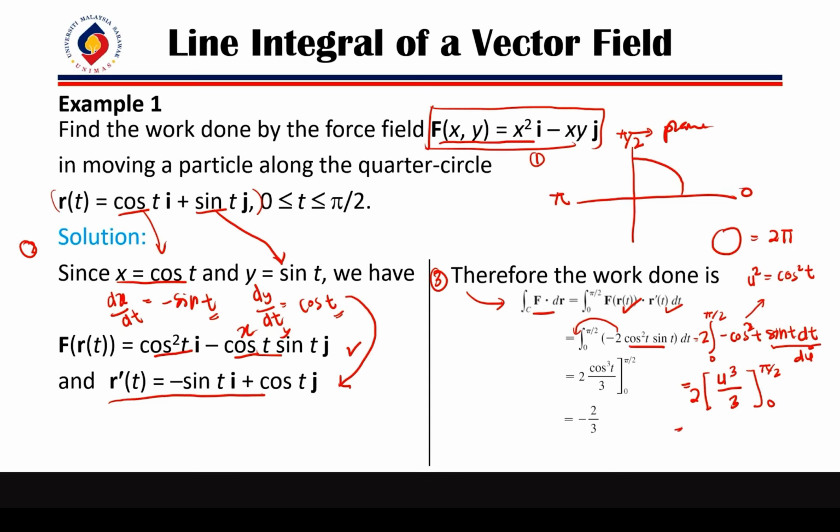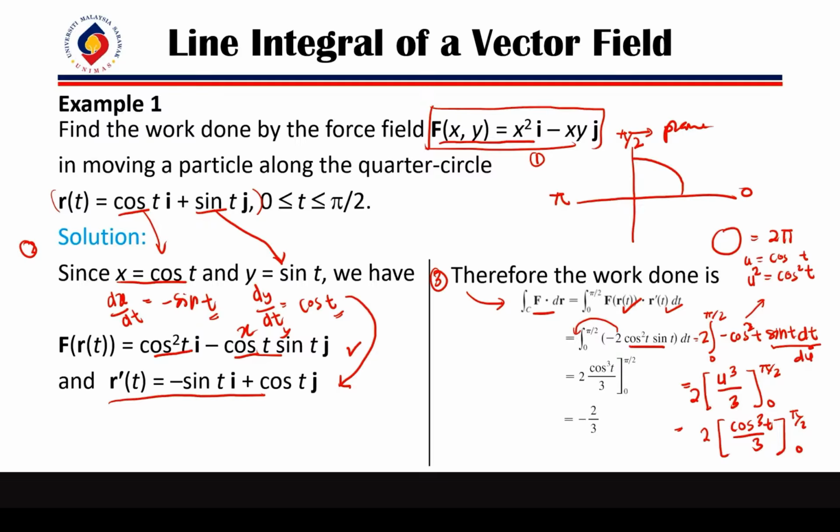Then we substitute u inside, so we get 2 times cos cubed t over 3. Right, so we have to substitute in this way.